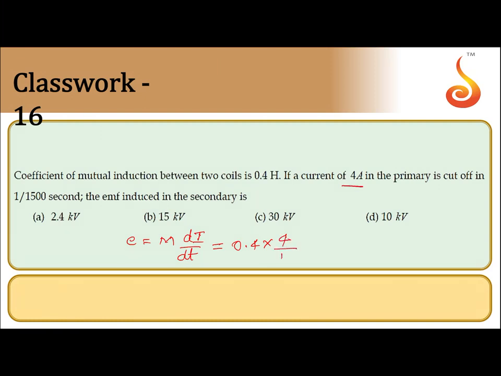Change in current is 4. Time taken is 1 by 1500. So, that turns out to be 0.4 into 4 into 1500, which is 2400 volt, that is 2.4 kilovolt. That is option A.